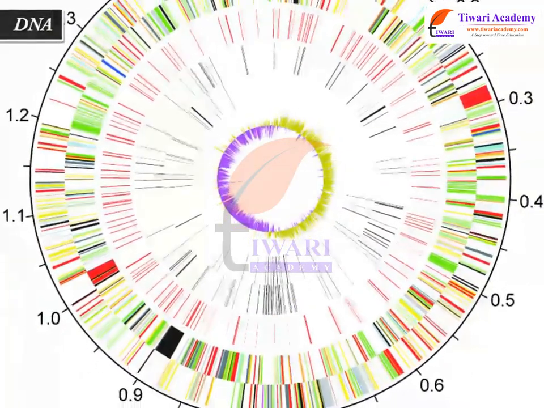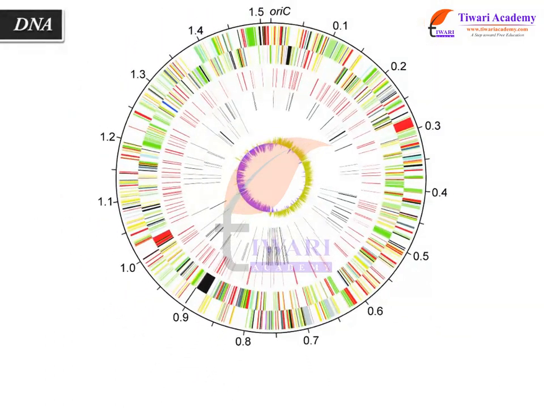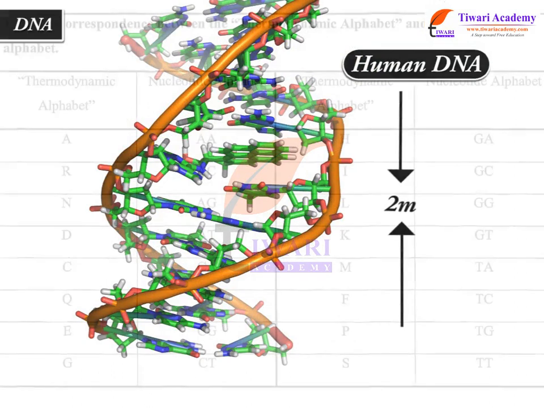The amount of information contained in genomes is staggering. For example, a typical human cell contains 2 meters of DNA.